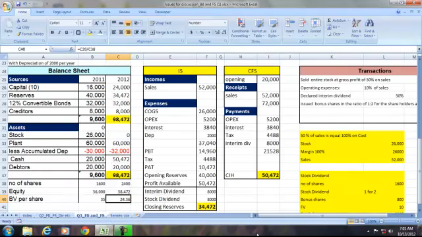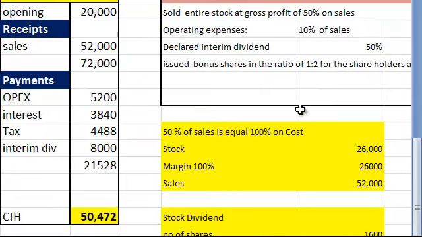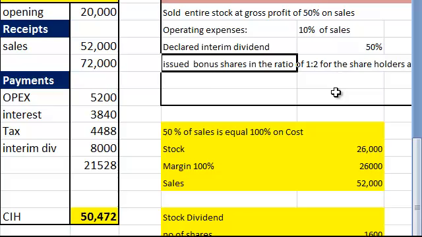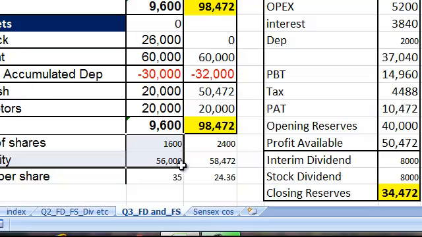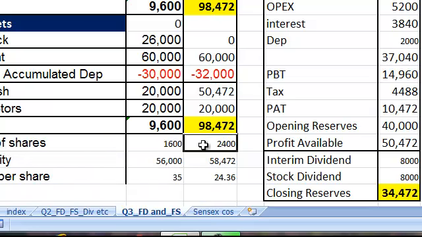We may ask why the book value per share has come down. The book value per share has come down because there is a bonus issue, and the bonus issue has been made in the ratio of 1:2. So therefore the book value per share has come down from 35 to 24.